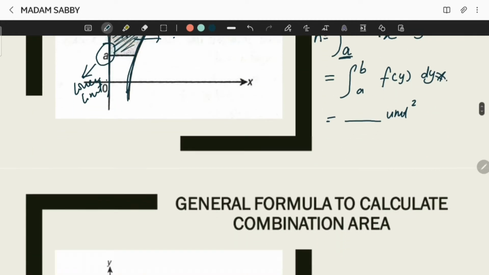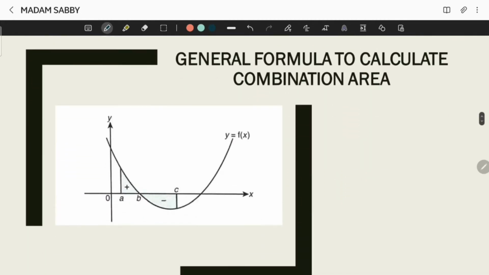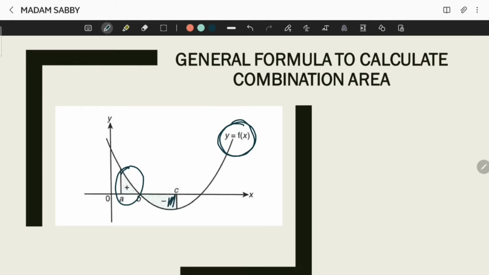Okay, so what if we come across a combination area? There are two possibilities for the combination area. The first one is using only one function, but one of the shaded regions is above the x-axis, and the other, as you can see, is below the x-axis.